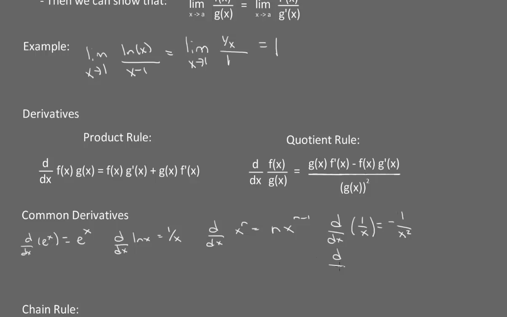You can think of this as the derivative of x to the negative 1. So we bring the negative out front, and then we get x to the negative 1 minus 1, which is negative 1 over x squared. And finally, sometimes we get the derivative of a to the x, which is simply a to the x ln a.